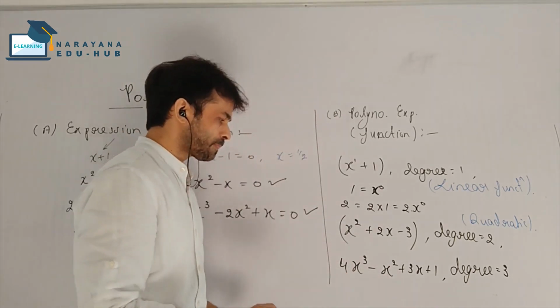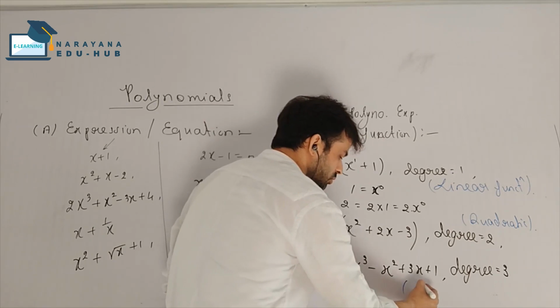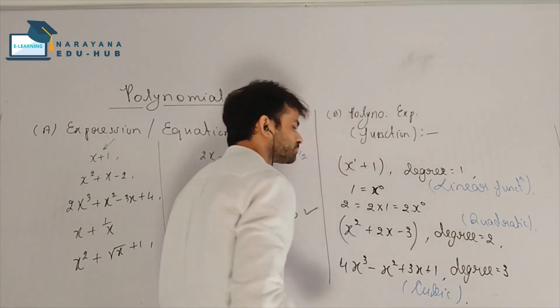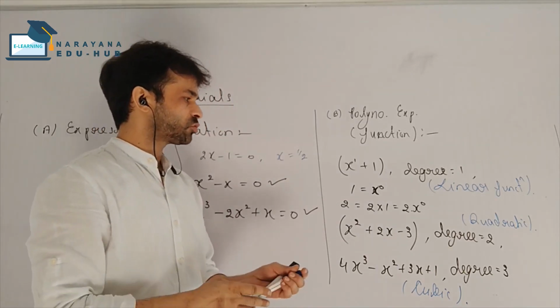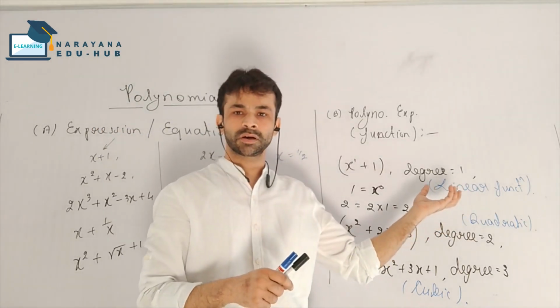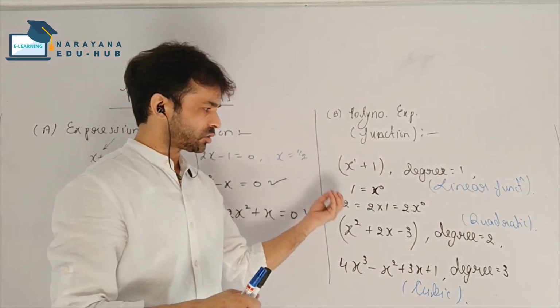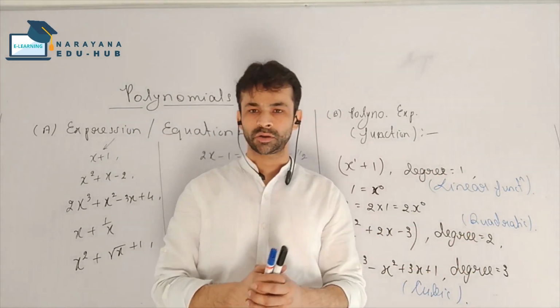A degree 3 polynomial is also called a cubic polynomial. We have to remember these names, because in the problems in the books they will be using linear polynomial, quadratic polynomial, cubic polynomial.